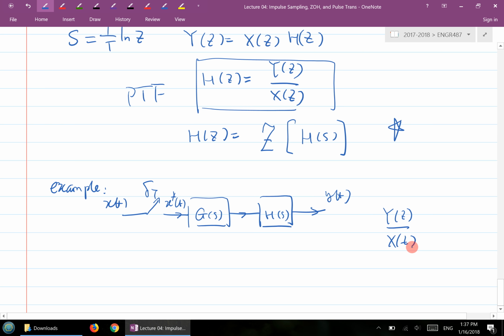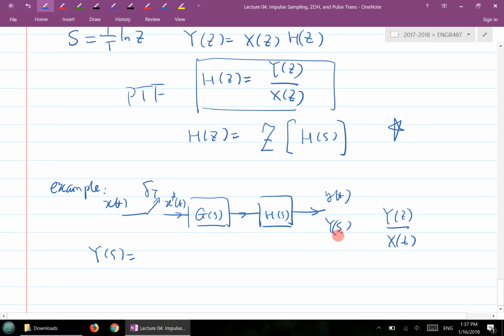Now this time, I'm going to make use of the results of some of the derivations from previous steps to derive this pulse transfer function. But I will start from the very beginning, by following the flow of the signals through here.